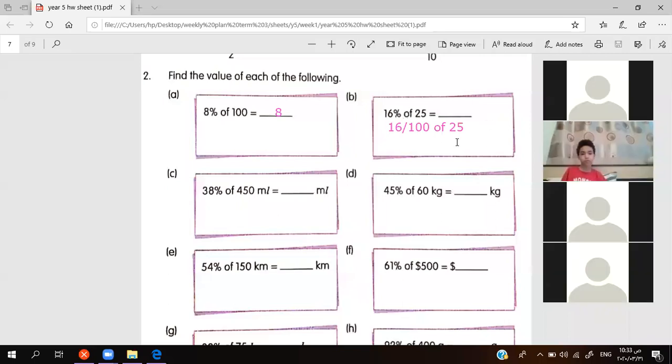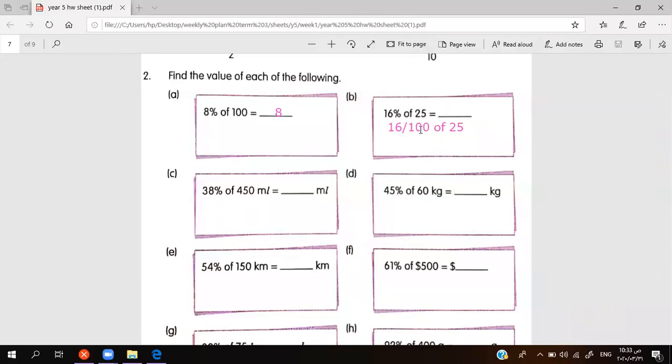What did I do when I wanted to find a fraction of a quantity? I did the quantity divided by what? The denominator, right? What times 25 gives me 100? So the first thing I do is 25 over 100.